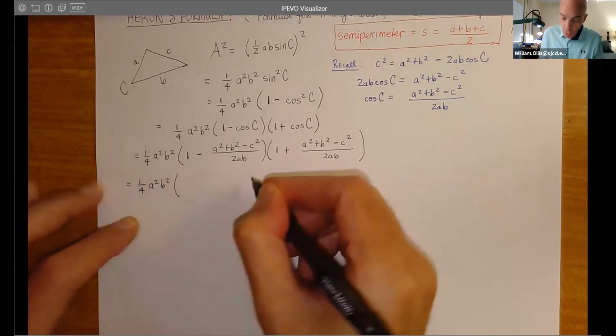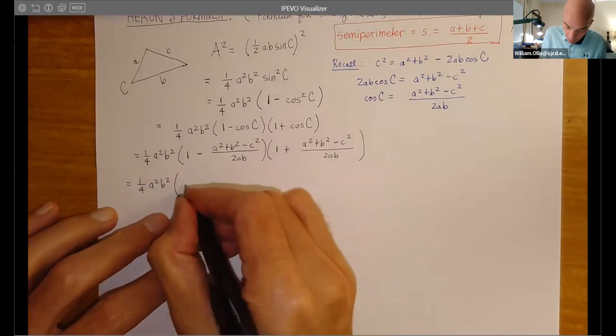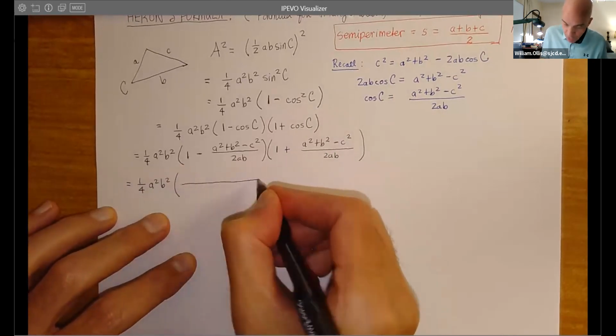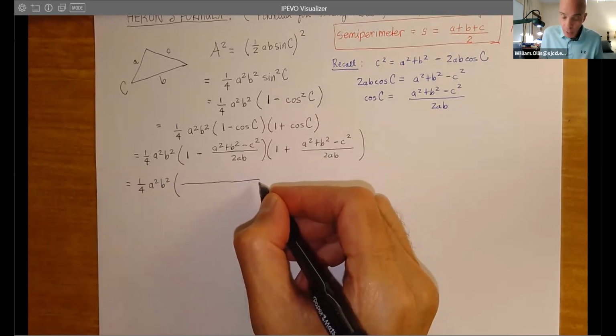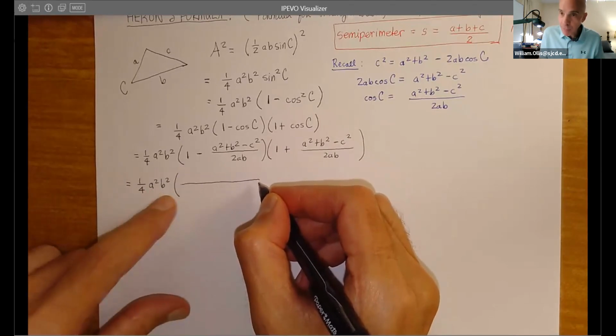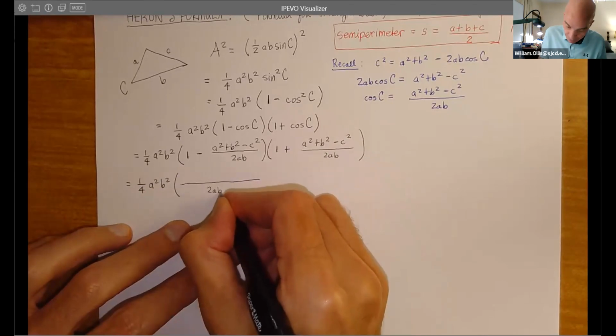So now the 2AB, and then we're going to get a nice perfect square, a binomial. So these 2ABs are going to go away because of the ABs here and the 4. So we're going to get a 16, and the A squared B squared will be history. So we have 2AB here.